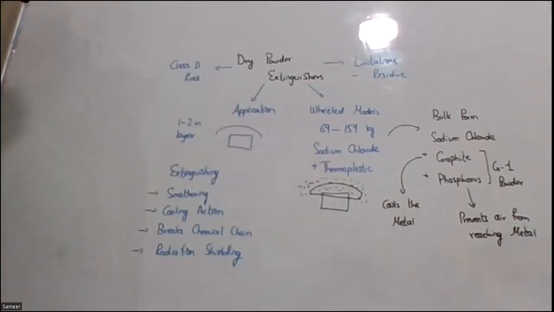The second thing is that the composition is not suitable for humans, because graphite, phosphorus, and sodium chloride, once they accumulate, create a much more toxic environment than dry chemical powders. That's why they are not meant for ABC fires.